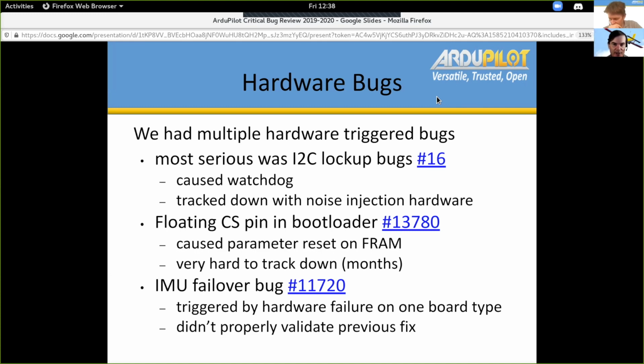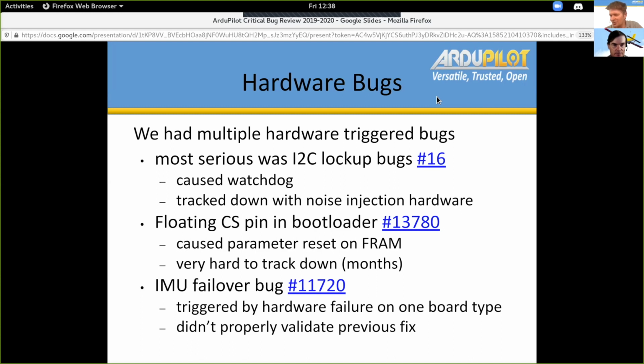So our processes for validating fixes like this, particularly the more complex fixes, need to be more careful. I did want to talk about things we could add to the code to help with validation as well. One of the things we added to track this sort of thing down was the ability to fail IMUs in flight.